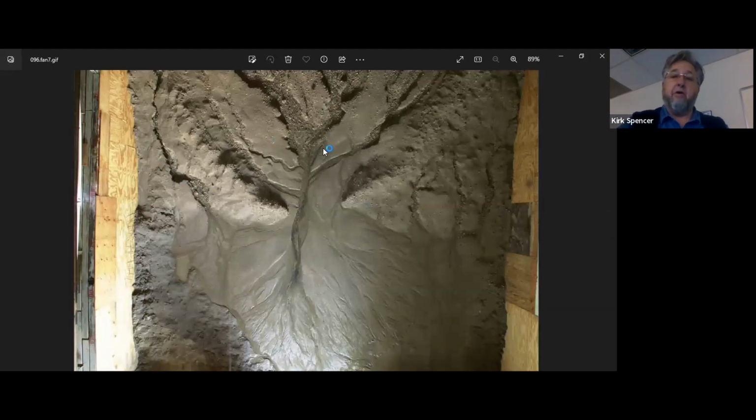This is a model. You see the plywood on either side, but they've created a very natural looking alluvial fan. It's called a fan because it looks like one of those oriental fans that you fan yourself with. And as the water fans out, it dumps the sediment into that shape.